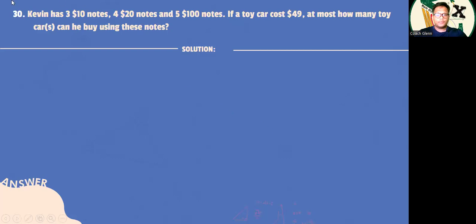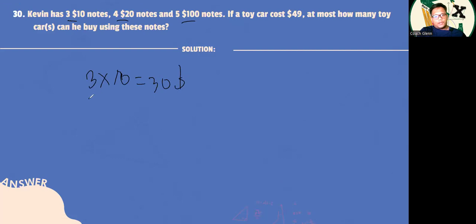So for number 30, Kevin has three $10 notes, four $20 notes, and five $100 notes. If a toy car costs $49, how many toy cars can he buy using these notes? So the first thing that we want to do is add his total money. So let's start first with 3 times 10. Because he has three $10 notes, that's equal to $30.